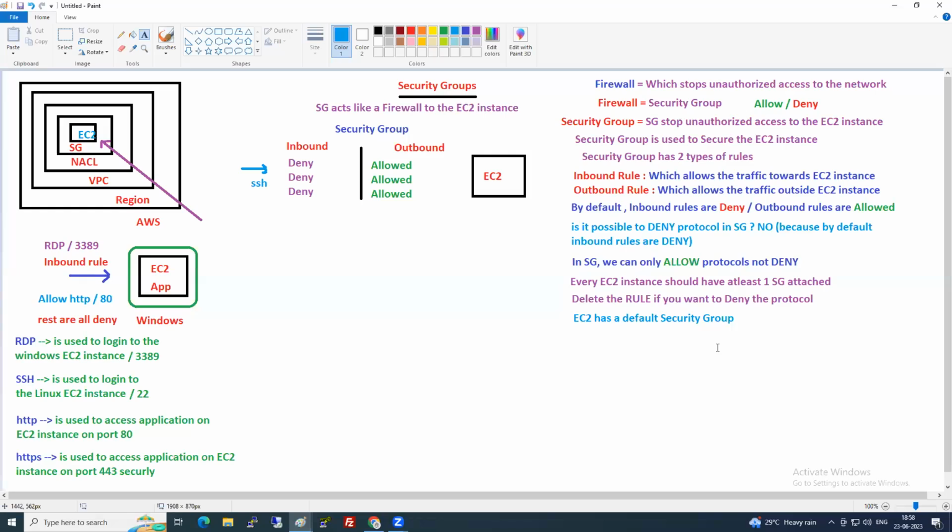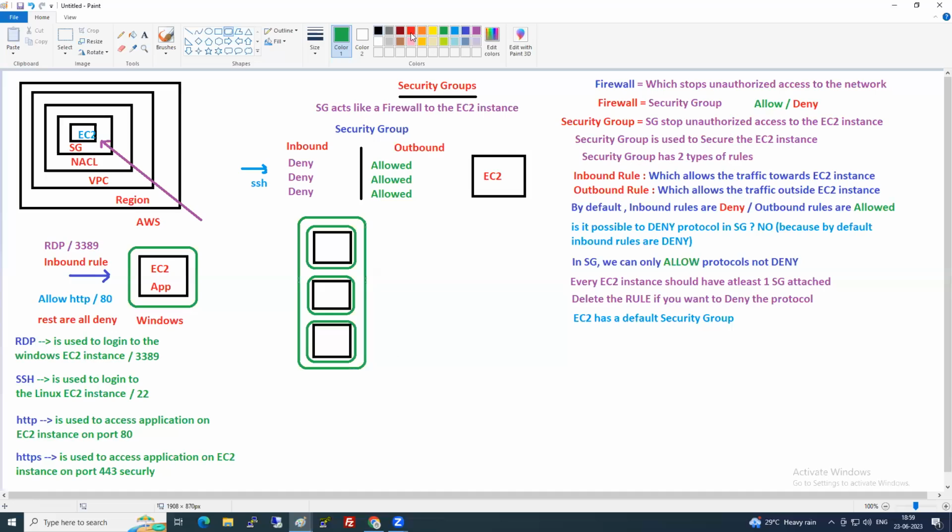So one EC2 instance can have multiple security groups attached. Yes. One security group can be attached to multiple EC2 instances. Yes. So anything is possible. If you have EC2 instances like this, 1, 2, 3, every EC2 instance can have its own security group, and one EC2 instance can have all.